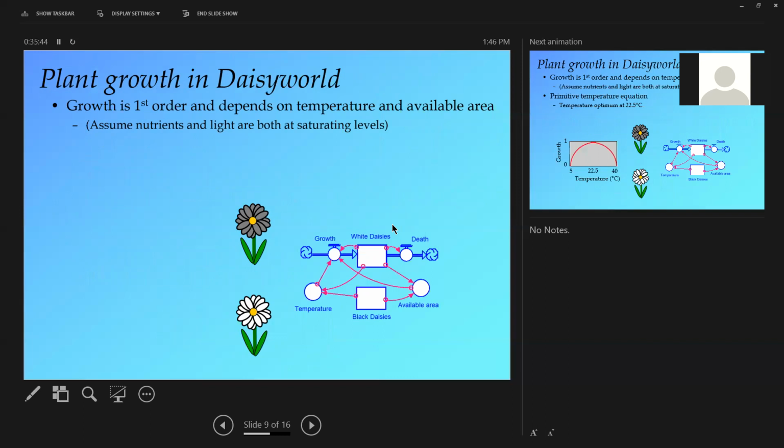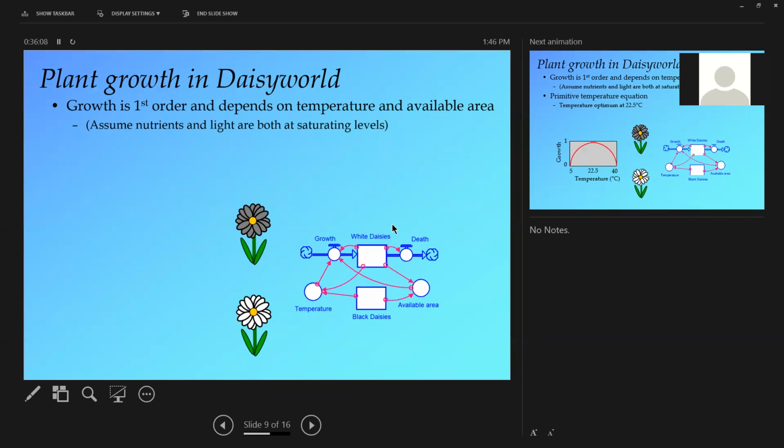Again, the goal, especially in a heuristic model like this, and I would encourage you to adopt this in your modeling strategy as you build your modeling projects, is to keep things as simple as they possibly can be. If you're just doing a model that involves the growth of something, most things grow by first order growth.